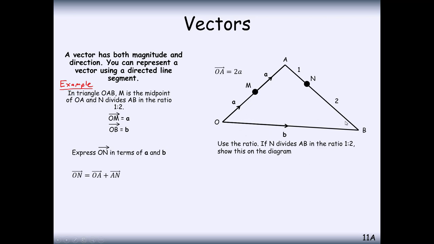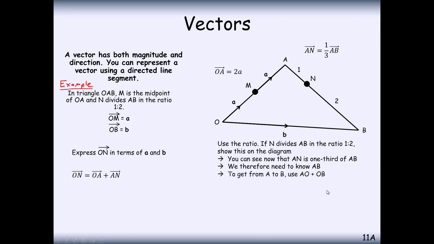So if I work out what AB is, there we are, AN is a third of AB. So if we work out AB, then we can work out what a third of AB is. AB is given by going down here, AO minus 2a plus b.